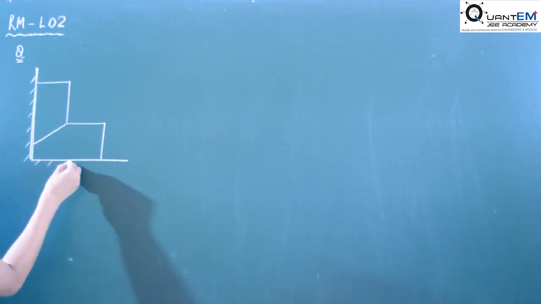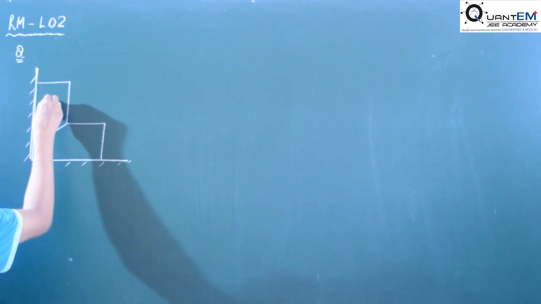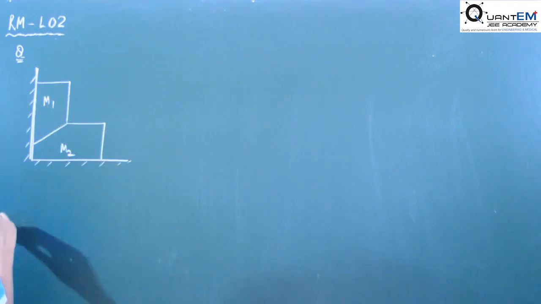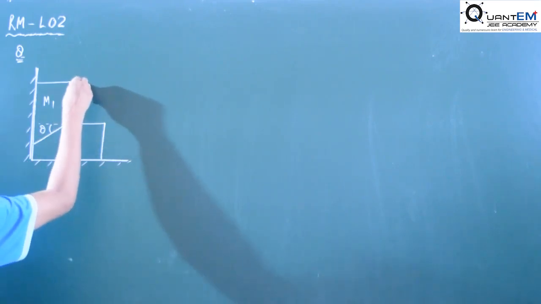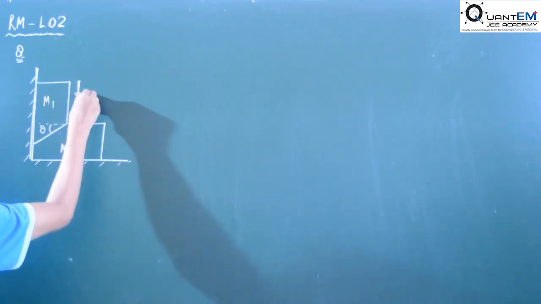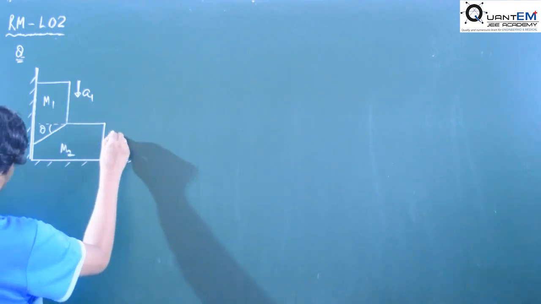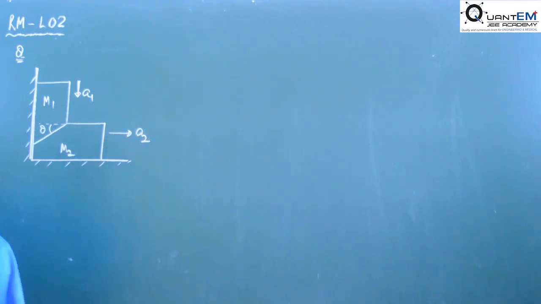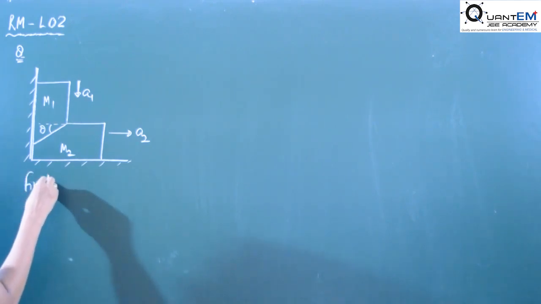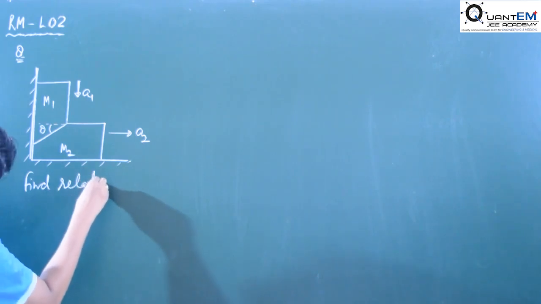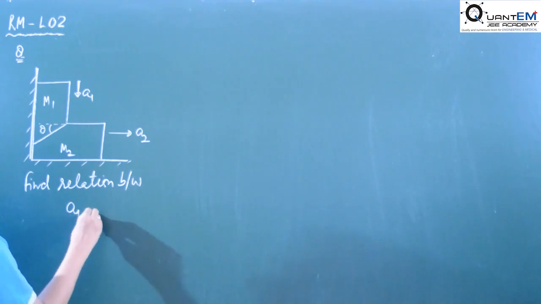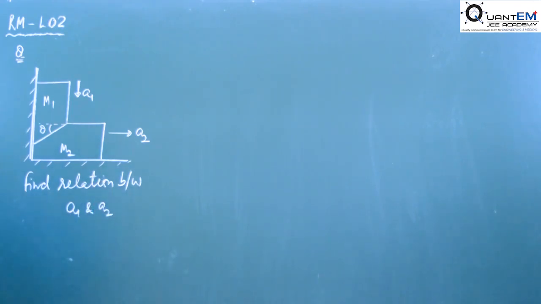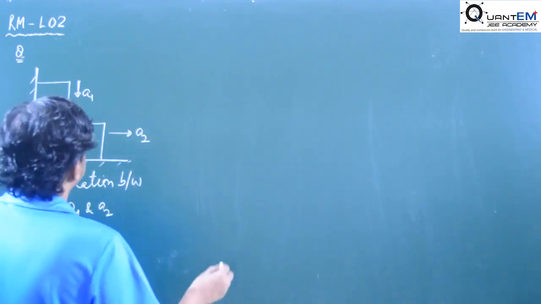This one is a vertical wall and a horizontal surface, with masses m1 and m2. This angle is theta. m1 is moving down with acceleration a1, and m2 is moving in this direction with acceleration a2. You have to find a relation between a1 and a2. Now see, what should be done here?